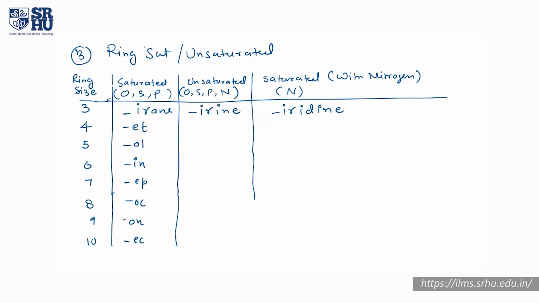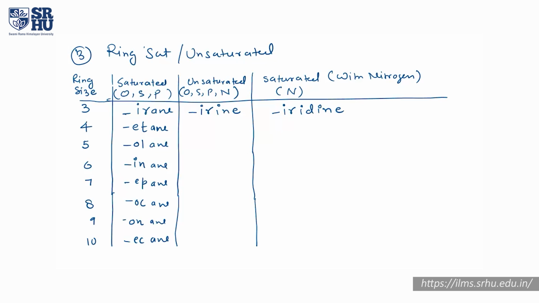And for everything, if it is saturated with oxygen, sulfur, phosphorus, you have to use the word ane at the end: etane, olane, inane, epane, ocane, onane, ecane. So for saturated rings having oxygen, sulfur, phosphorus, not nitrogen, you just have to remember the prefix that we use for the number, plus ane.